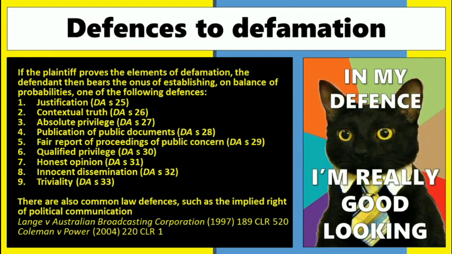So starting by looking at the truth defences, justification and contextual truth. Under section 25, if you as the defendant can prove on balance of probabilities that what you had said was substantially true, then that will afford a full defence against defamation. You can also, in situations where what you have said or what the actual defamatory matter isn't necessarily true, but it is made in the context of other statements or claims that are substantially true, argue what they call contextual truth.